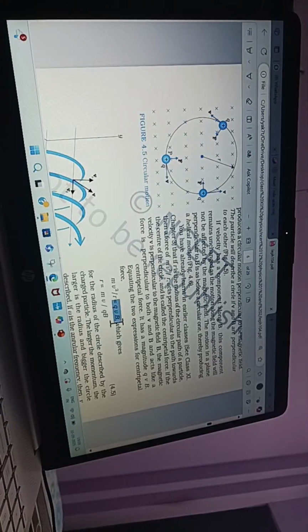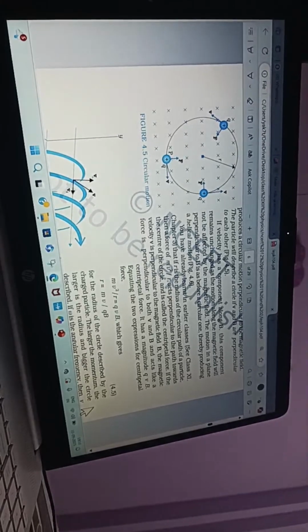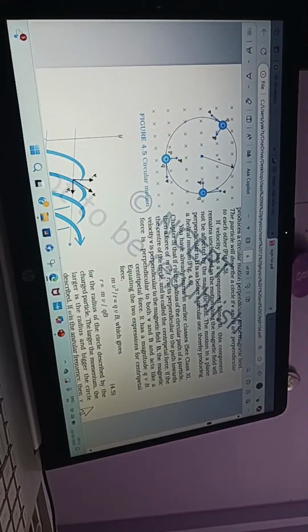This is clear. And this one you studied in ninth class: the force which is towards the center when a particle is moving in uniform circular motion, mv square by r. Okay?